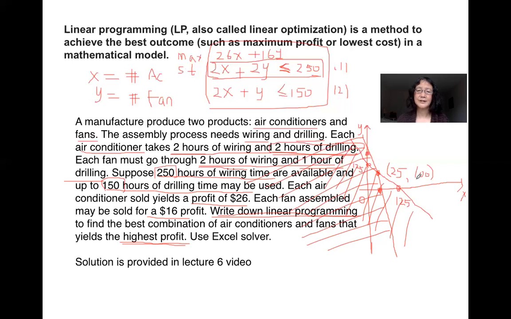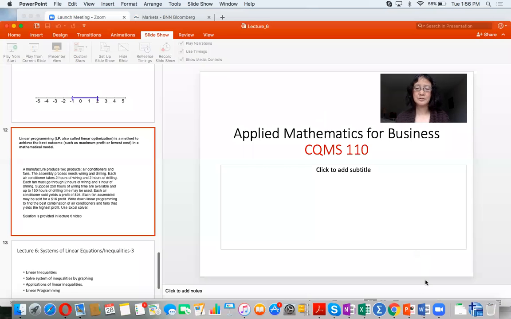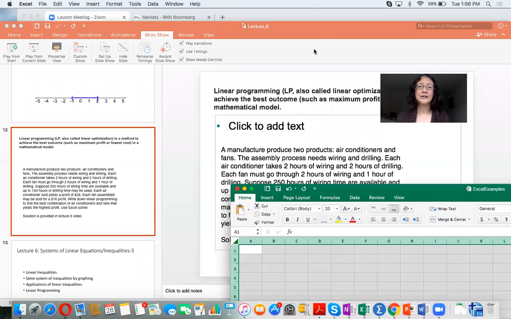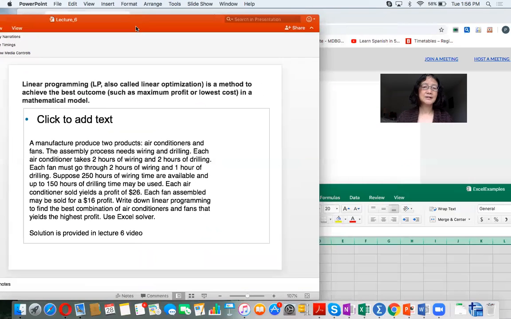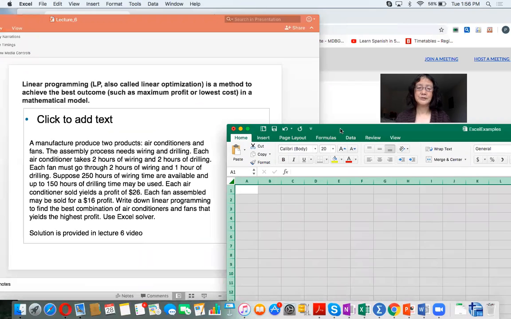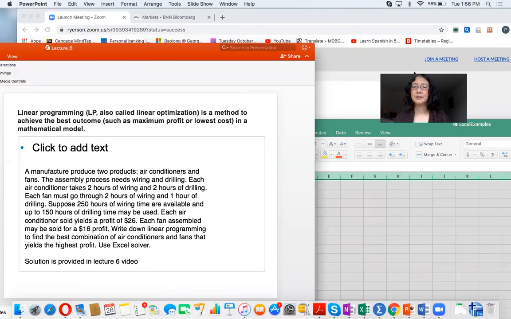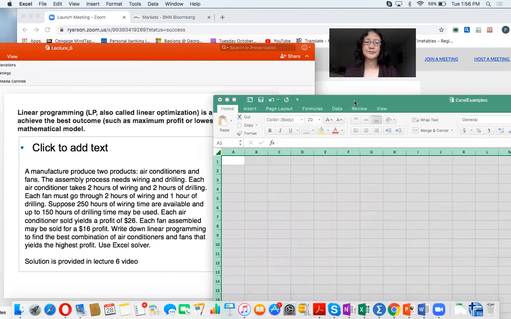Next, let's solve the same problem using Excel solver. Okay. So I'm going to pull out Excel, and I also need to see the numbers. So I will want you to see both screens. I'll move this.